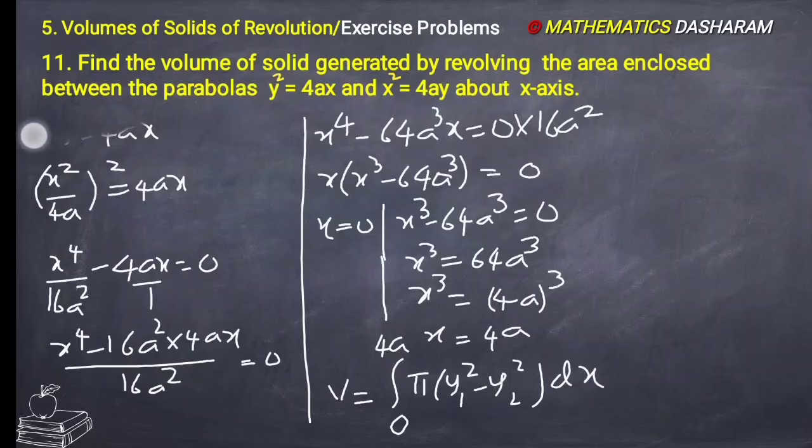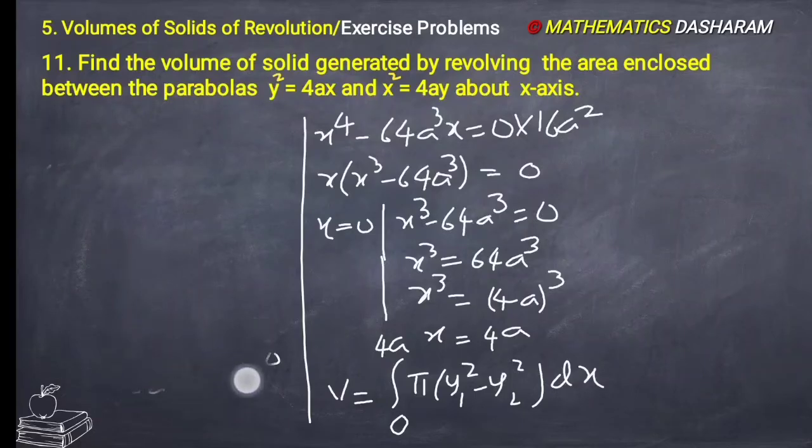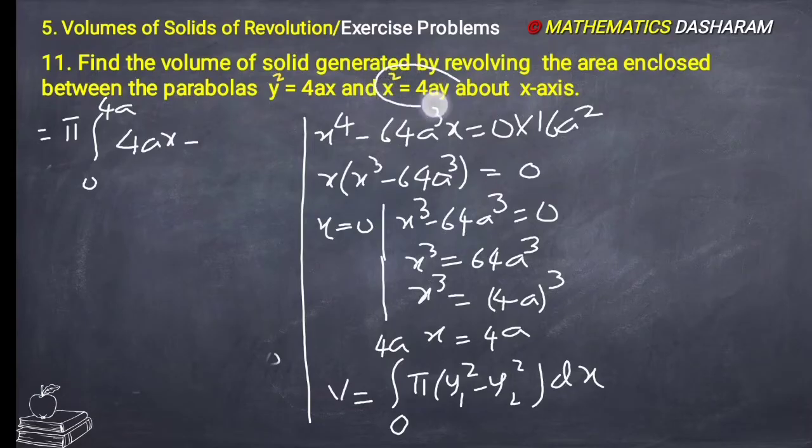whole dx. So then it is equals to pi, which is a constant, integration 0 to 4a. y1 means here y squared equals 4ax, then here 4ax minus y2 means, see from this what is the y value, x squared by 4a is the y value, so whole squared, whole dx.